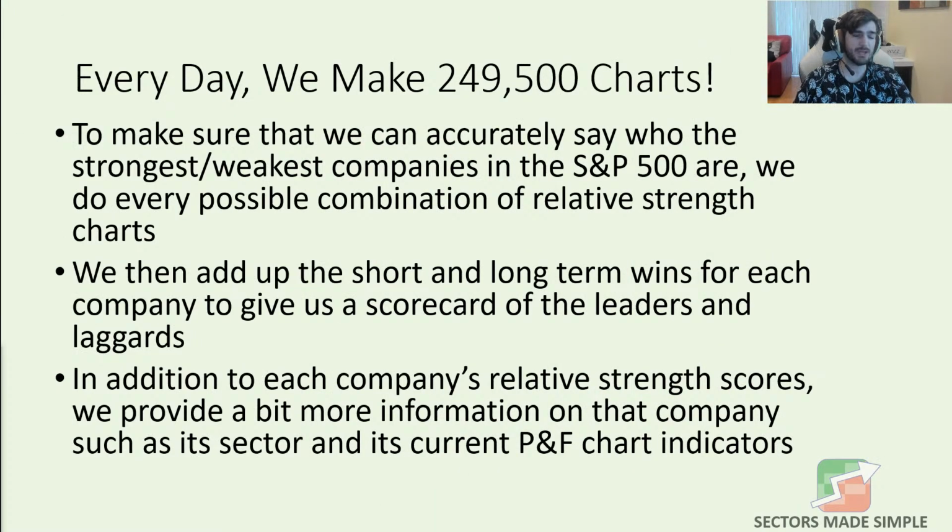But we wanted it to be a screener as much as it is a matrix. So in addition to those relative strength scores for the S&P, we also provide you a little bit of information on their P&F chart, their point and figure chart for that stock. That information includes their current column, so their short-term direction, whether it be X's going up or O's going down, and their breakout or breakdown.